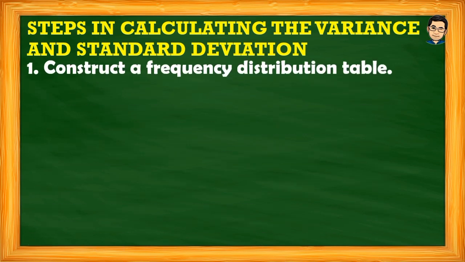So first, construct a frequency distribution table. So, kung data po yung given, kailangan nating mag-construct ng frequency distribution table. Anyway, meron naman tayong video lesson dyan kung paano natin i-construct ang frequency distribution table. So, dito sa ating video lesson, given na po agad yung ating frequency distribution table.